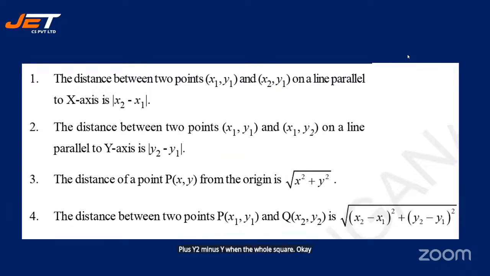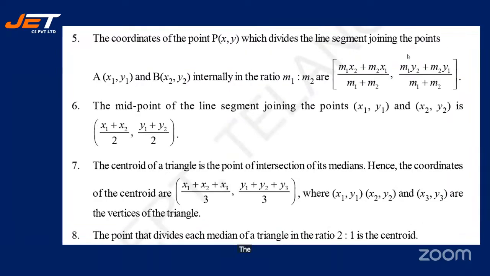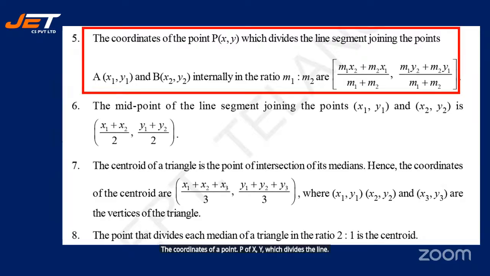Next, the coordinates of a point P of x comma y, which divides the line segment joining the points A of x1, y1 and B of x2, y2 internally in the ratio m1 is to m2 are m1 x2 plus m2 x1 by m1 plus m2.